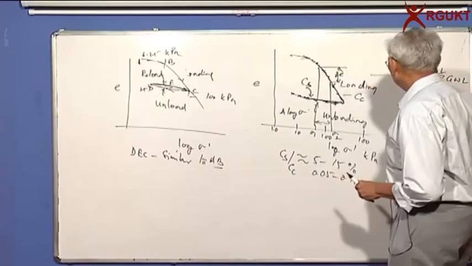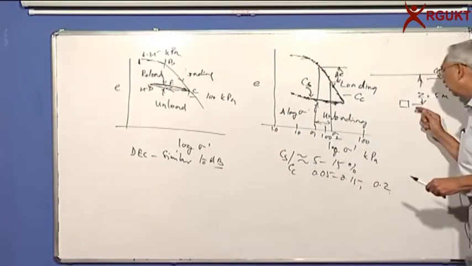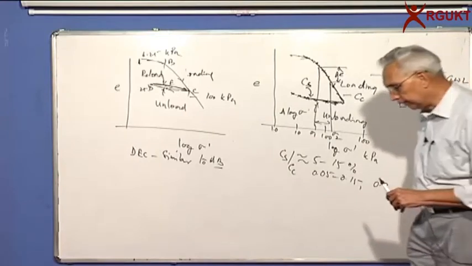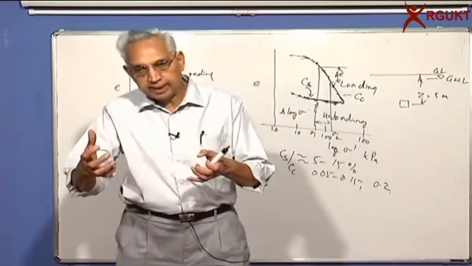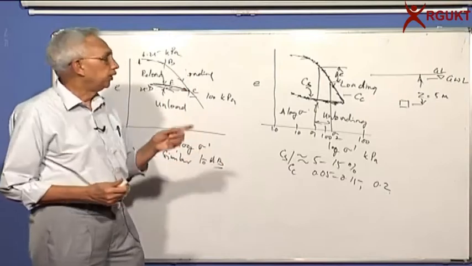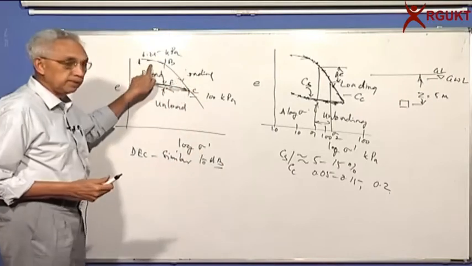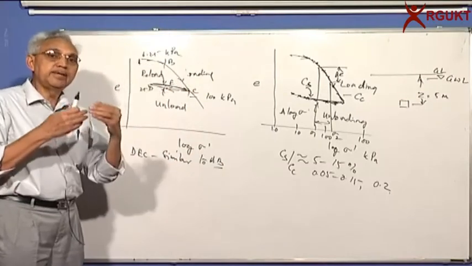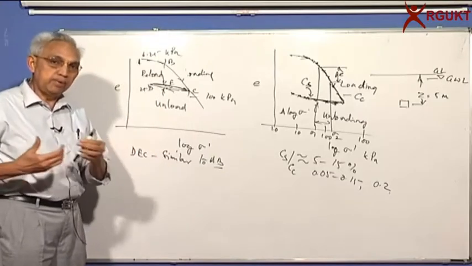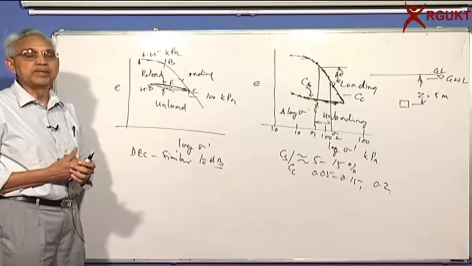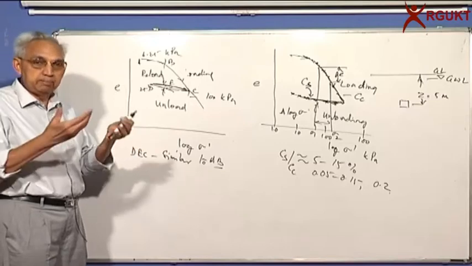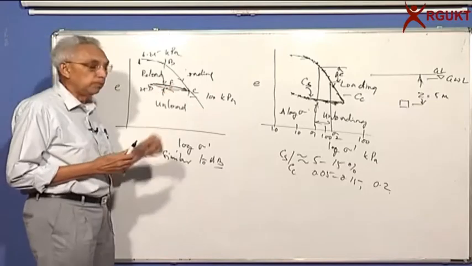And how do you justify that? You agree that when the sample is in the ground, there was already some effective stress acting on that. When you took the sample out of the ground, that effective stress is unloaded. You have put the sample in the odometer or consolidometer and you started loading it. So to that extent it is reloading because the sample already had experienced some stress which got relieved because of sampling and bringing it to the laboratory, putting in the odometer.